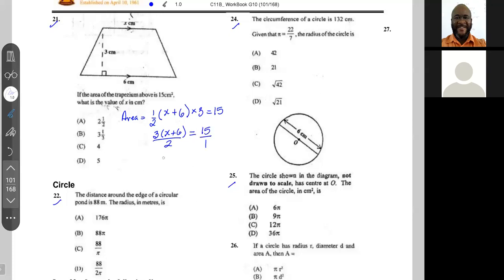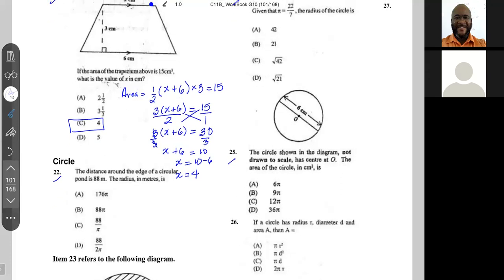Cross multiply, we get 3 into x plus 6 is equal to 2 times 15, which is 30. I could divide both sides by 3 to get rid of the 3. When I do, I have x plus 6 is equal to 10. So x must be equal to 10 minus 6, x is 4. So you're seeing that I could have reasoned it out. I didn't have to, but if working it out was a challenge, I could have reasoned it out.